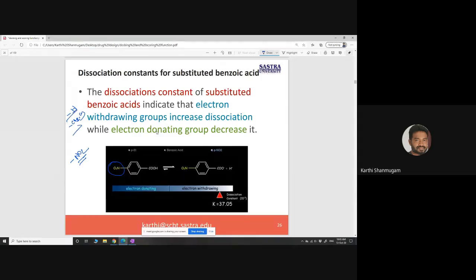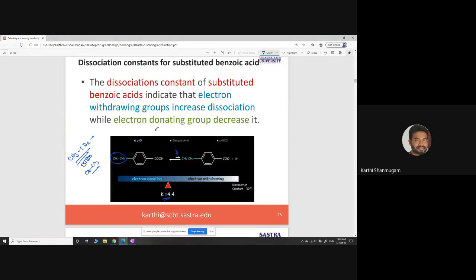After replacing this position with NO2, he calculated the K value. The K value changed drastically. The K value is now 37.05. The value is now very large compared to the previous two cases, right?